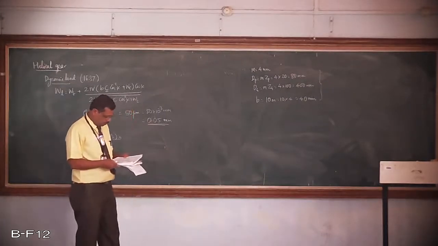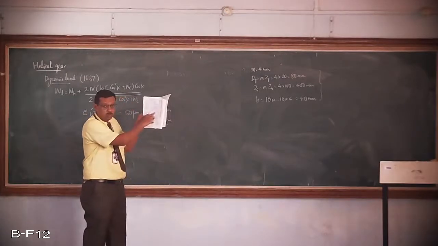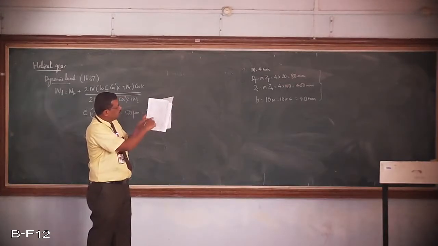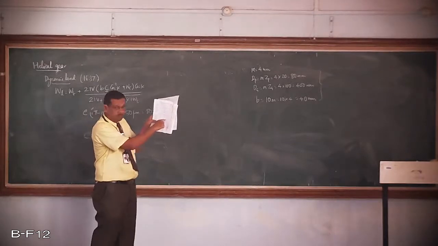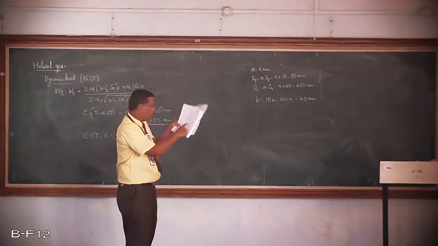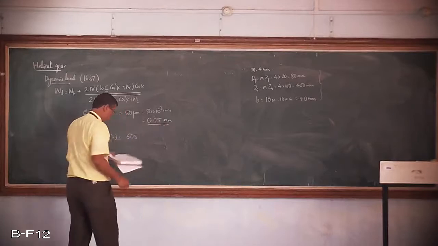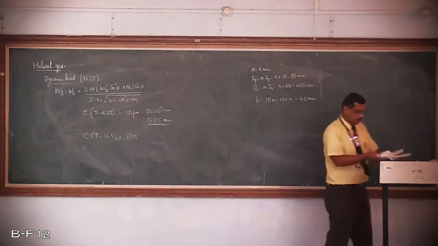If you go with steel, 20 degrees full depth, corresponding to the value of E equal to 0.05, the value of C is 605. Therefore, we got a value of C for 20 degrees full depth.